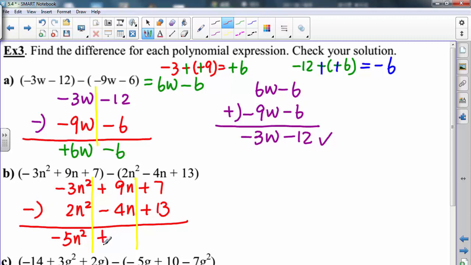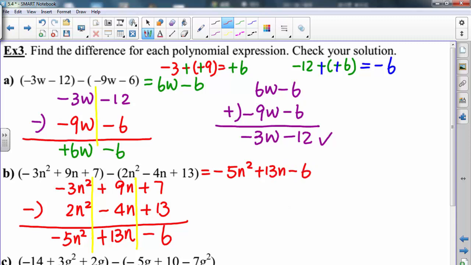So this one becomes positive 13n. Positive 7 minus positive 13, change this one to plus and opposite to the second number. Positive 7 plus negative 13, it's negative 6. So the difference for this one is negative 5n squared plus 13n minus 6.